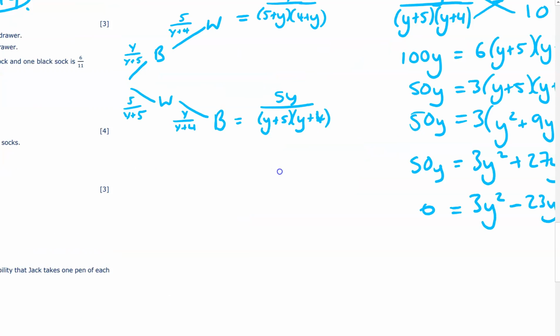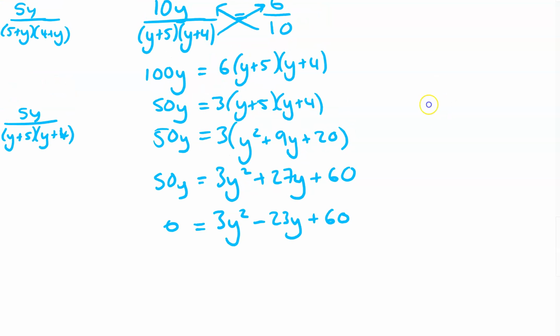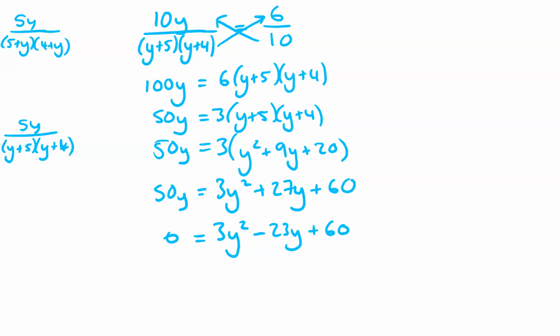Oh, 28. 28, what have I done? Okay, I just paused the video. It was really bugging me why I couldn't figure out what I'd done. It's a silly mistake. That should be an 11, which means that's going to be a 110, which means that's going to be 60.